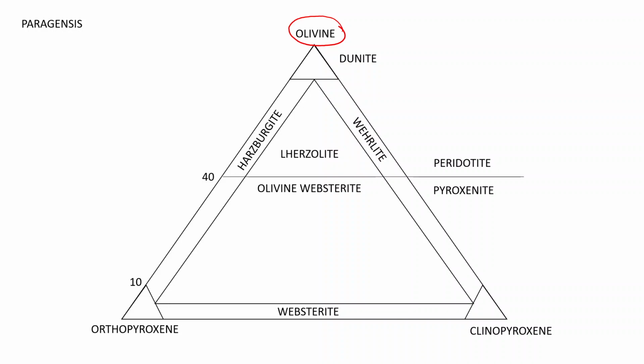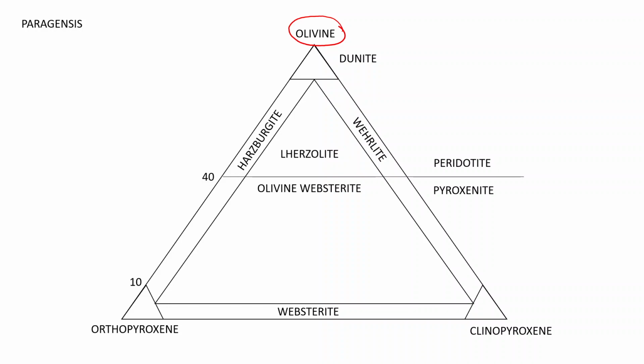Now, lherzolite, as I had told you, in case of lherzolite, the iron composition gets progressively richer, and wehrlite, as I had told you, is a rock formed in the series between olivine and clinopyroxene.